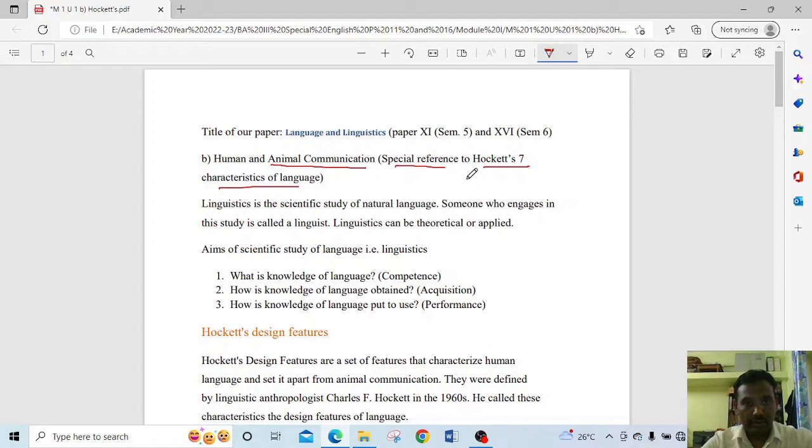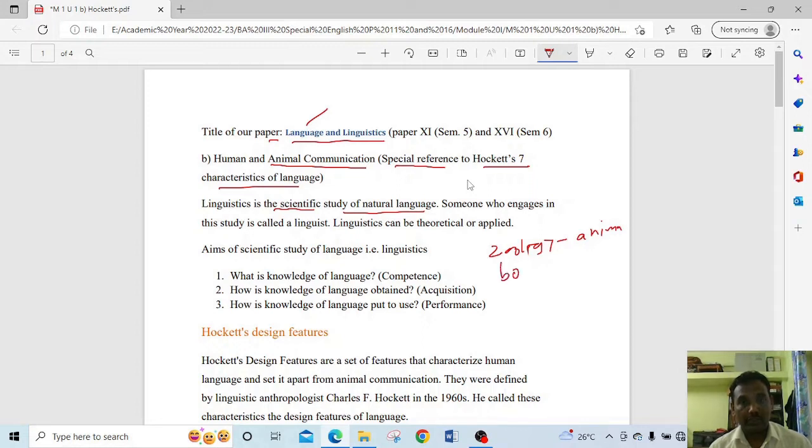Now, you know that the title of the paper you are studying is language and linguistics. Language you have understood, but what is this linguistics? Linguistics is a scientific study of natural language. For example, in zoology, you study animals.